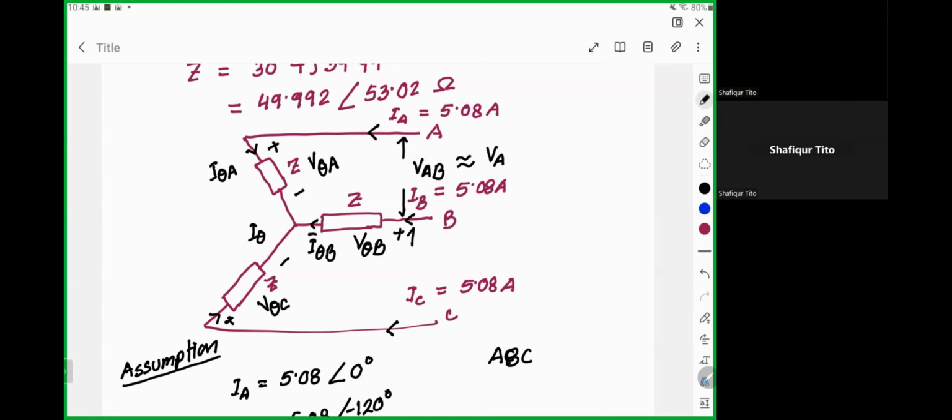Similarly, we can have this voltage as VBC, and from here to here, we will consider VCA. Now how will we find VAB? What is the equation for VAB? We can write the equation using KVL, right? So how to write down the KVL equation?